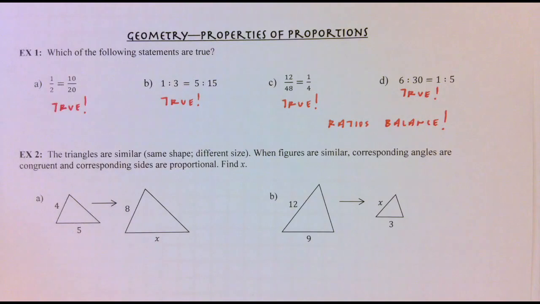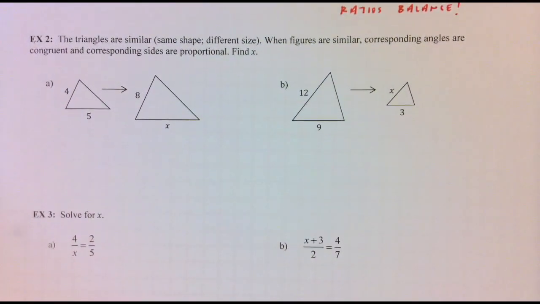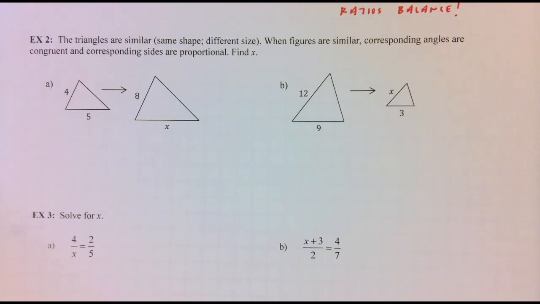Okay, so now here's where we're going to use it. Here I'm telling you that triangles are similar, and if I say similar, that means that they are the same shape, but different sizes. So you can take a shape and you can enlarge it, or you can take a shape and you can shrink it down.